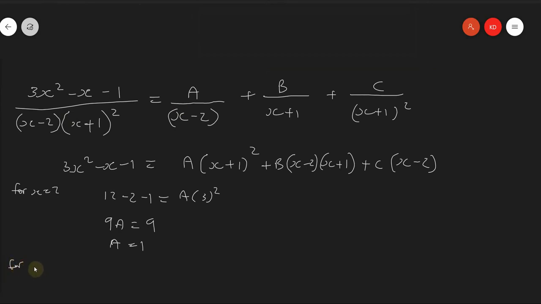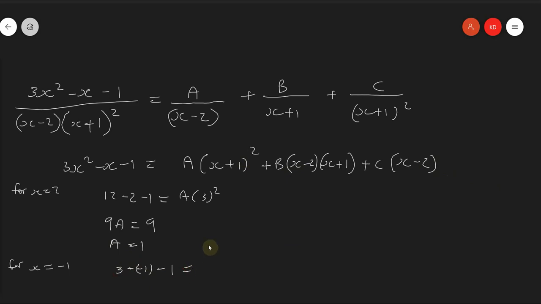So for x equal negative 1, as you can see, the b will cancel, the a will cancel, leaving us with just c. So for x equal negative 1, we have 3 times 1, which is 3, and that's minus 1 minus 1.